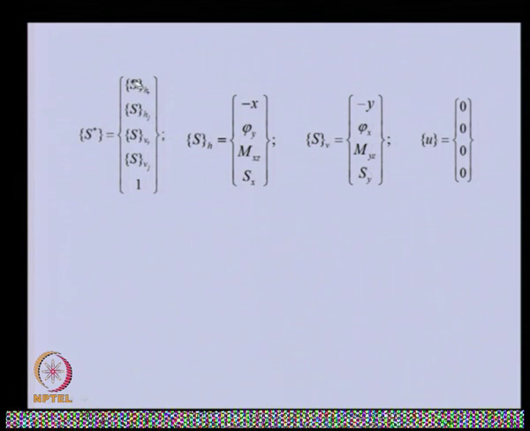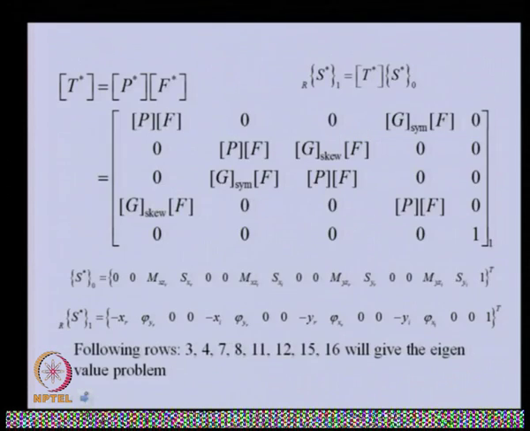So, one is of 4 by 1 size. So, total will be 17 by 1 size. There is no unbalance, so this vector will be 0. Now, the multiplication of these two to get the overall transfer matrix will give this form of the matrix.